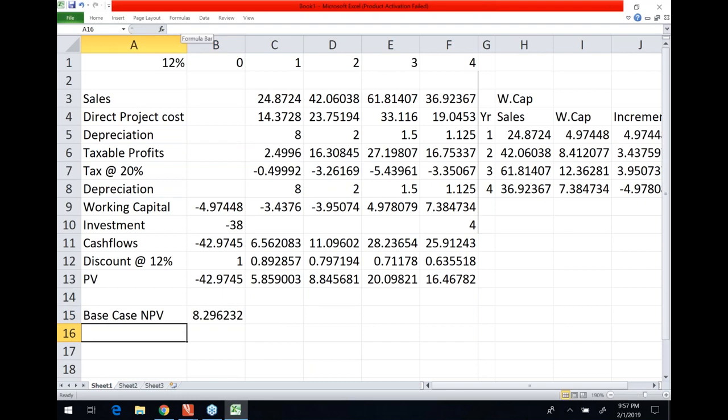Okay, so we have got the base case NPV, which is actually going to be this 8.296. Is it okay to everybody?